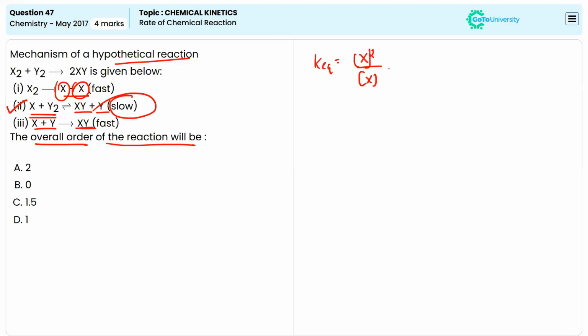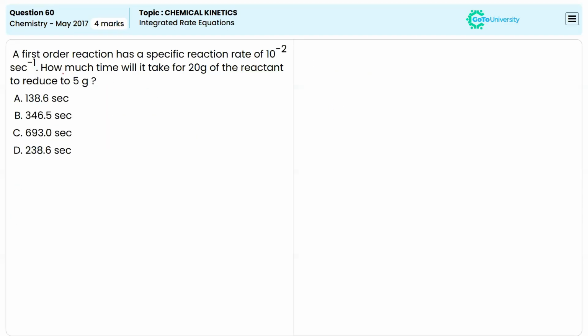Okay. Now the question is, a first order reaction has a specific reaction rate of 10 to the power negative 2 second inverse. We have to find out the time it takes for 20 grams of the reactant to reduce to 5 grams. Here the first order rate constant is given as 10 to the power negative 2.